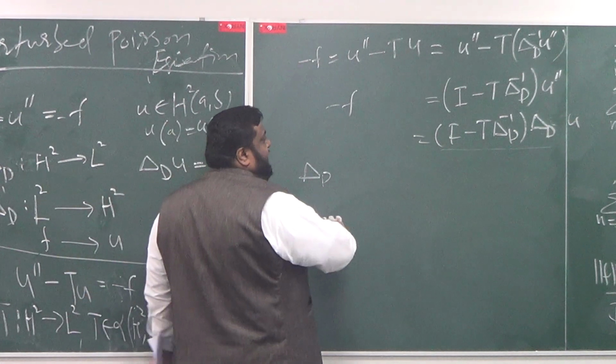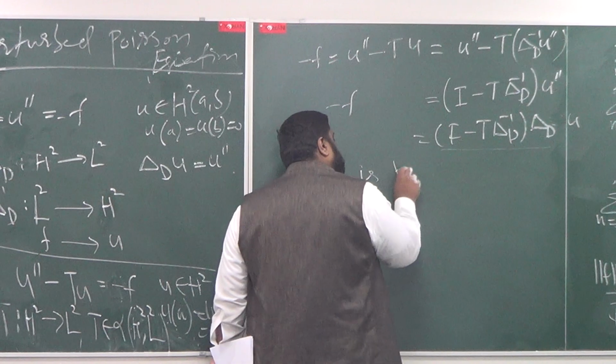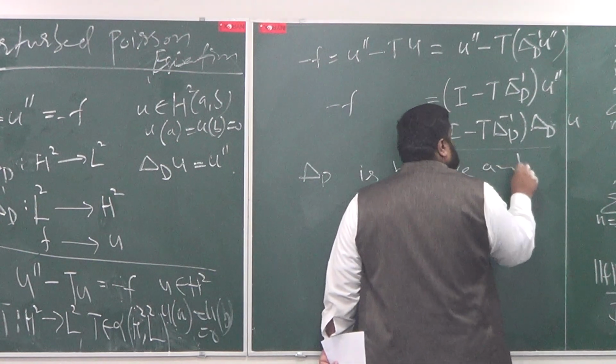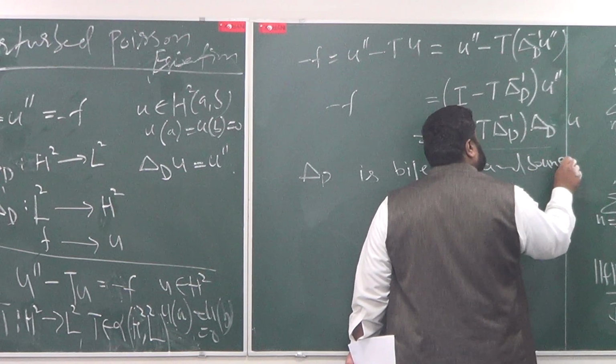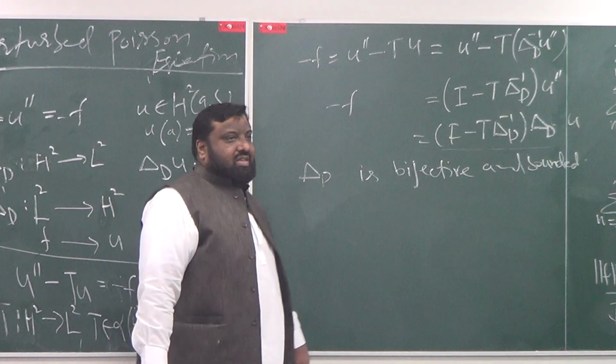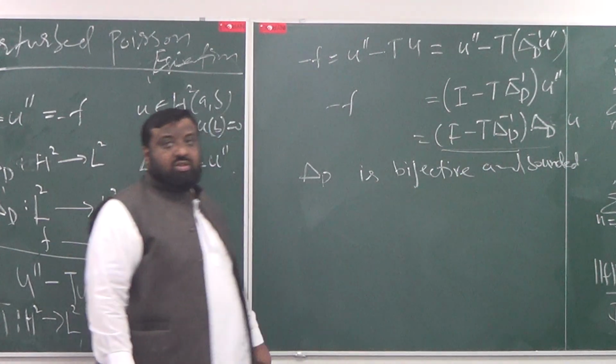Now about delta d, I already know that it's bijective and bounded. So delta d is not a problem. The real trouble is this operator.